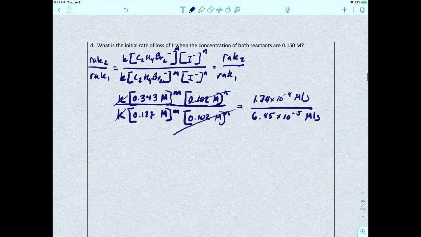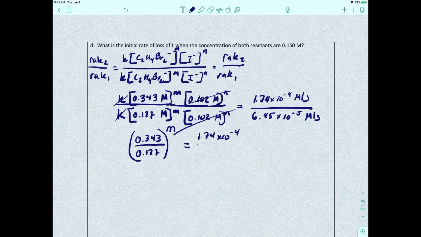And now we got things a little bit trickier now, or a little bit simplified. It's going to get a little trickier in a minute. So to simplify, you have 0.343 molar divided by 0.127, and this is raised to the m power, is equal to 1.74 times 10 to the minus fourth divided by 6.45 times 10 to the minus fifth.